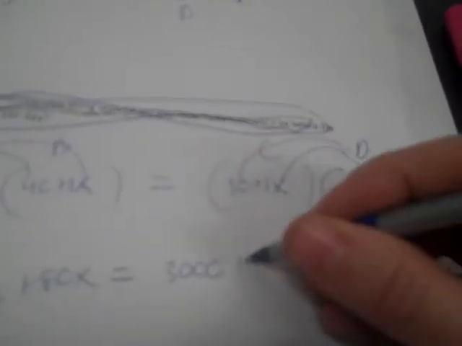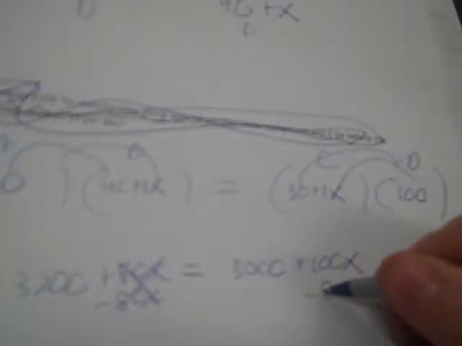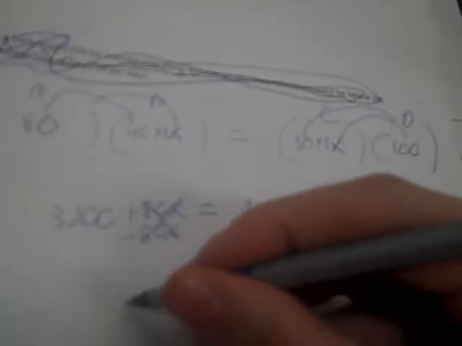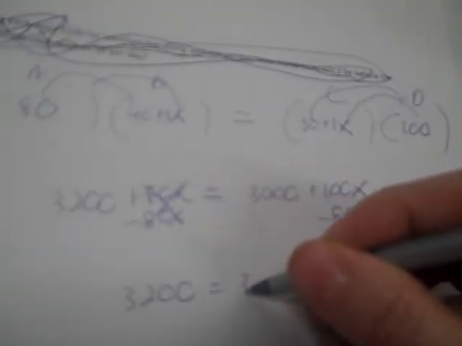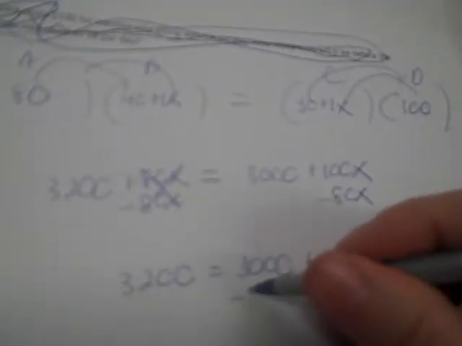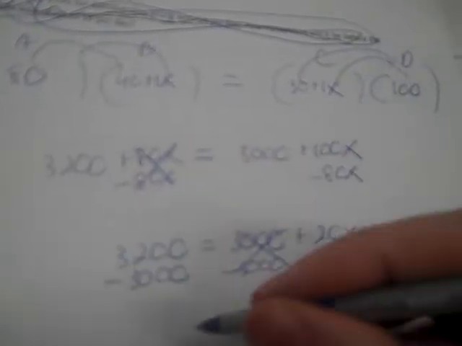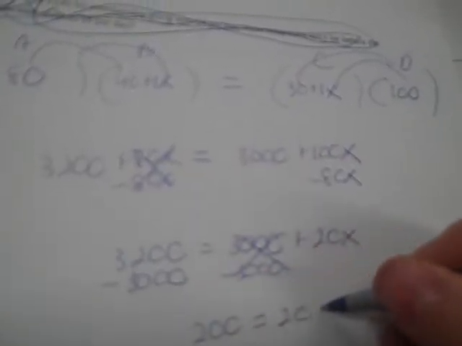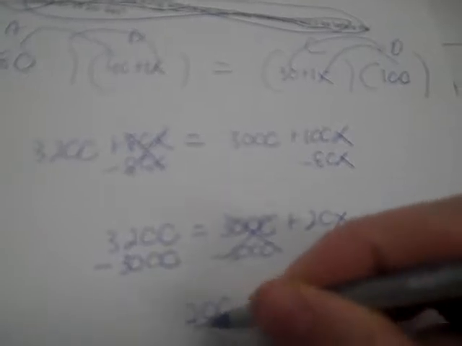And then that's 3,000 plus 100x. So we collect the x's because they are like terms. So that's 20x. 3,200 equals 3,000 plus 20x. Then subtract 3,000. And that's 200 equals 20x. So I divide by 20. That's 10. So 10 serves.